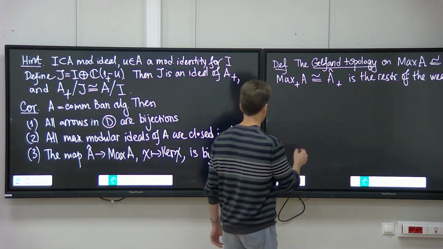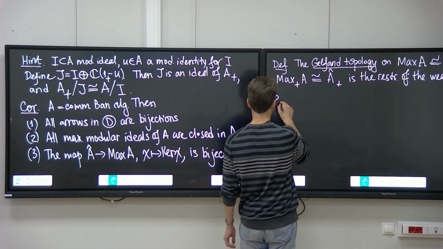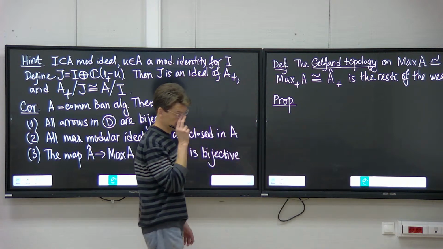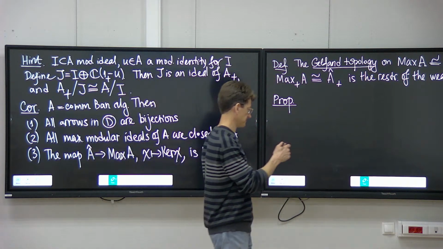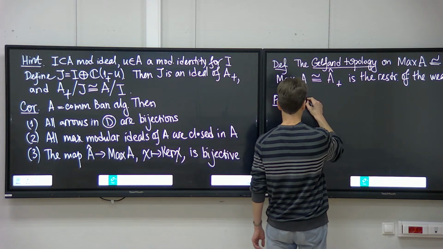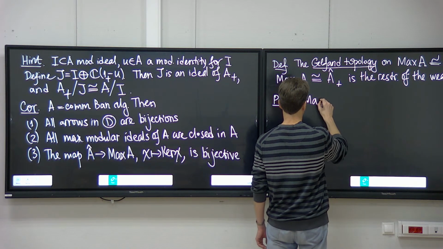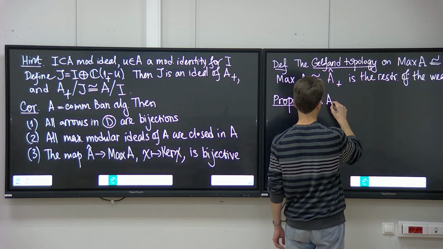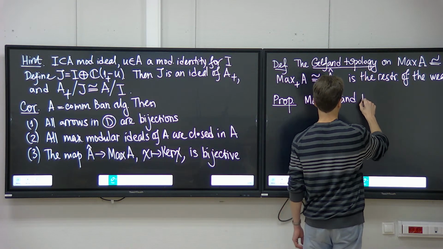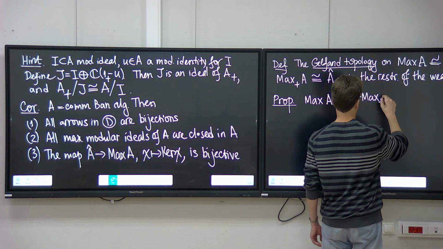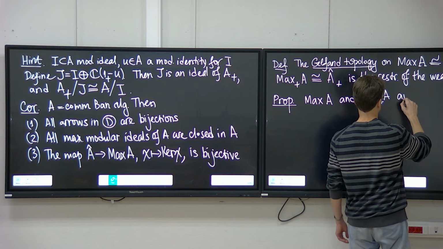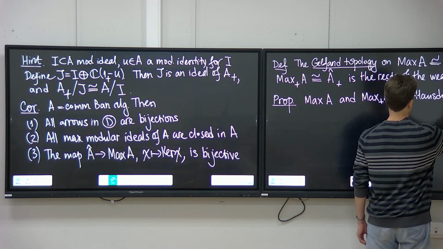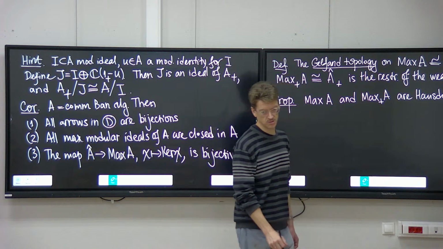And what can we say about this space? Well, we have the following proposition, which again is almost immediate from the unital case. First of all, both spaces max of A and max plus of A are Hausdorff, simply because the weak star topology is Hausdorff.